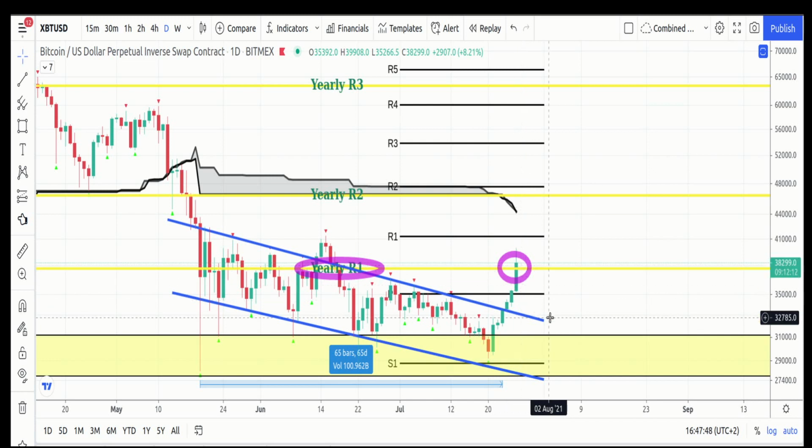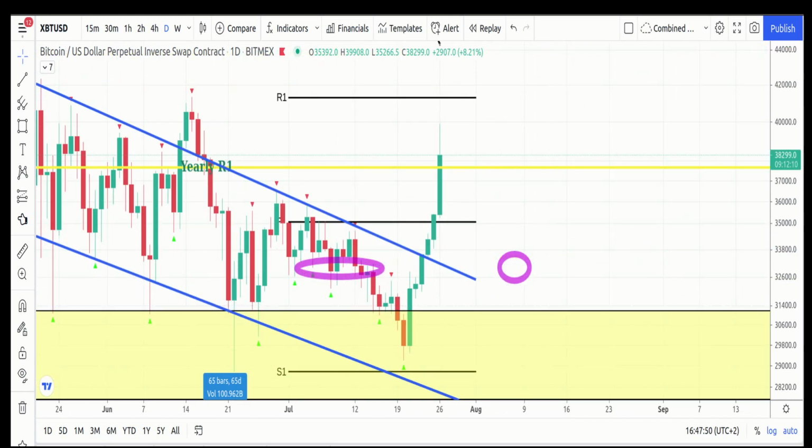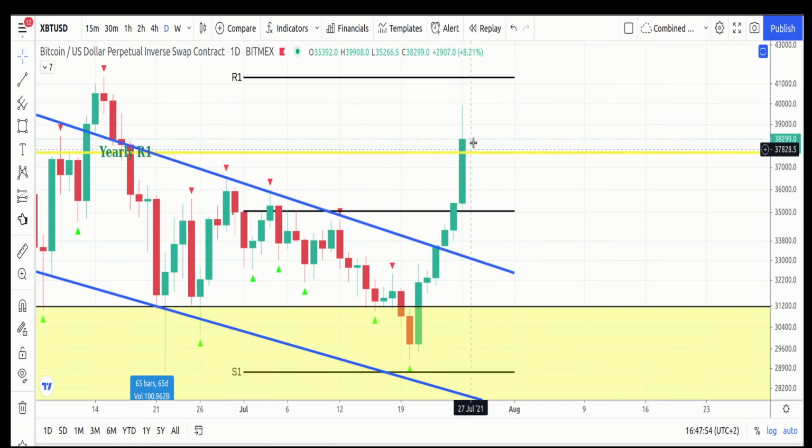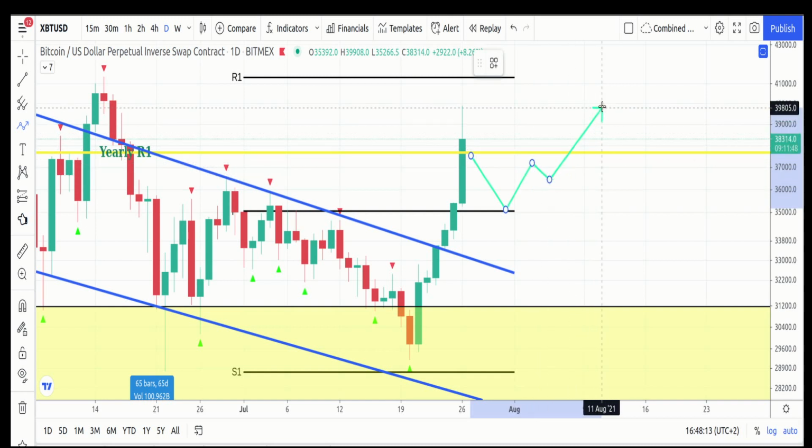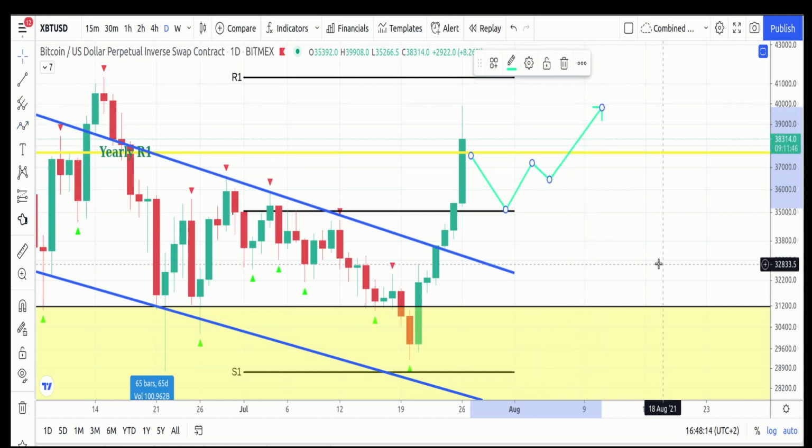Now there is a possibility that this candle today would actually close below the R1, and we will see maybe price going to test once again the monthly pivot and maybe zigzagging a bit and then breaking with more strength above the yearly R1.